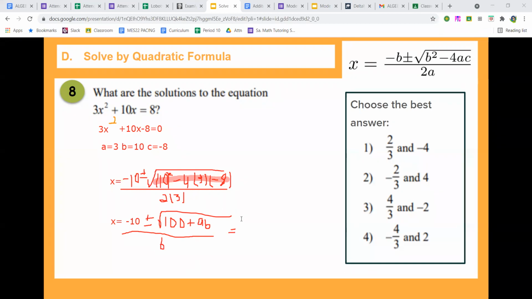We'll continue to simplify this. So I still have negative 10 plus or minus radical 196 all over 6.